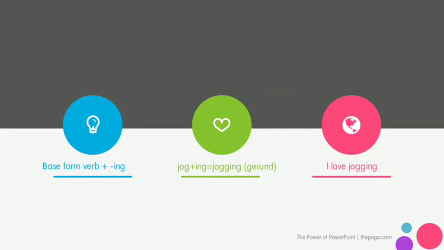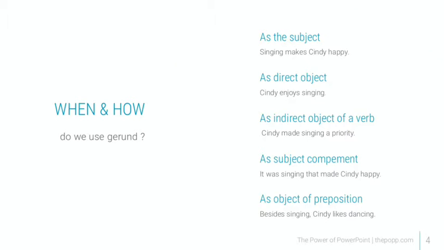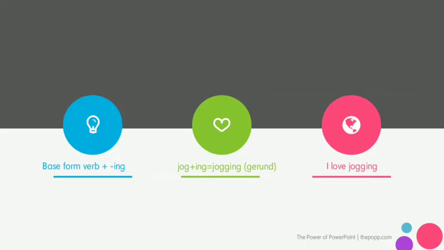I love jogging. Jog is the base form, jogging is the gerund. So, obviously, the reason why this is confusing is because this looks a lot like the continuous form of the verb, right? So, to recognize a gerund, you need to pay attention to how it's used in a sentence.